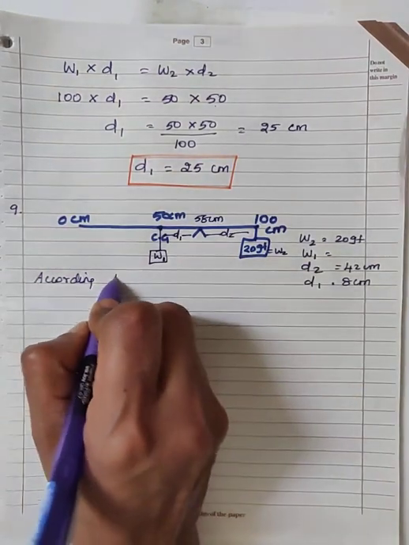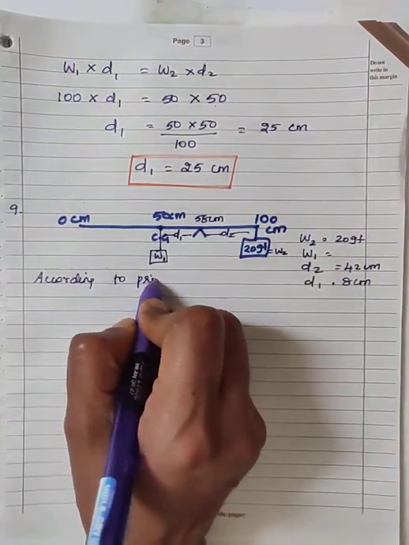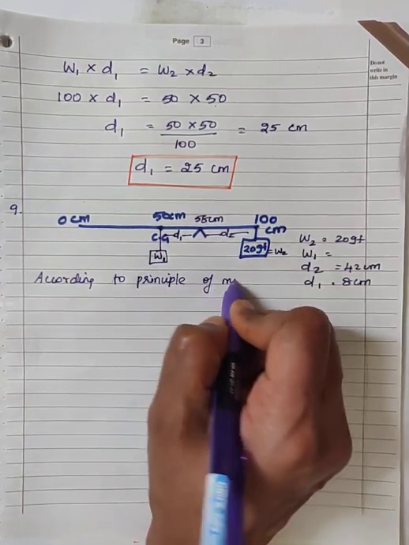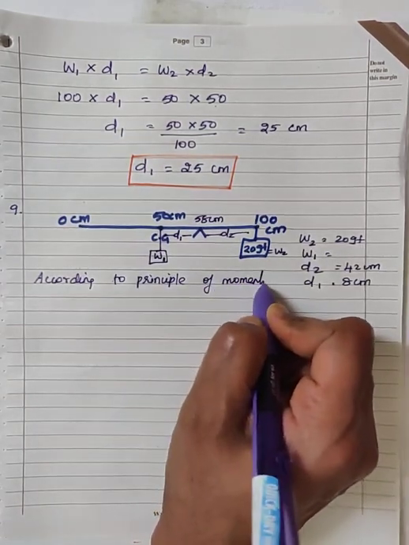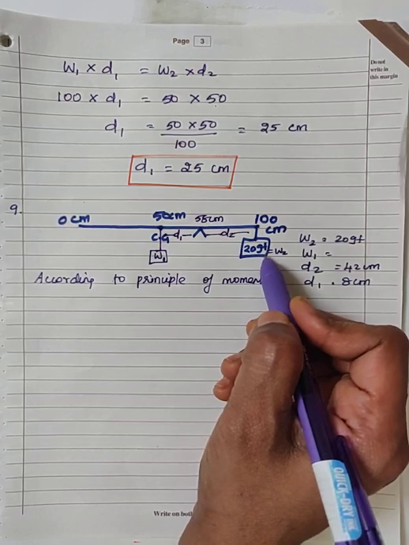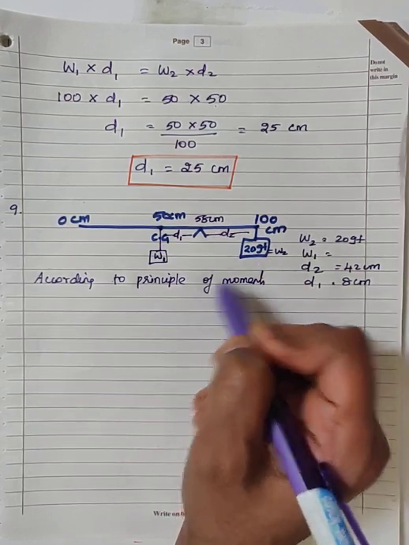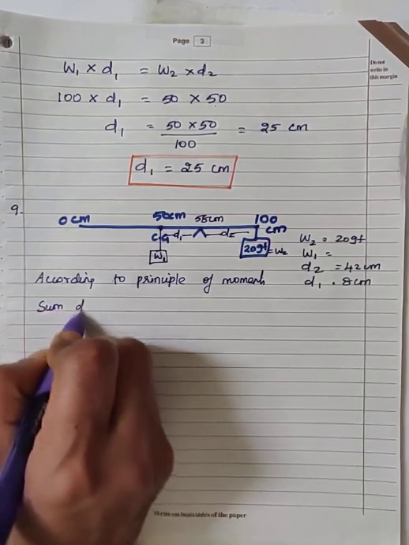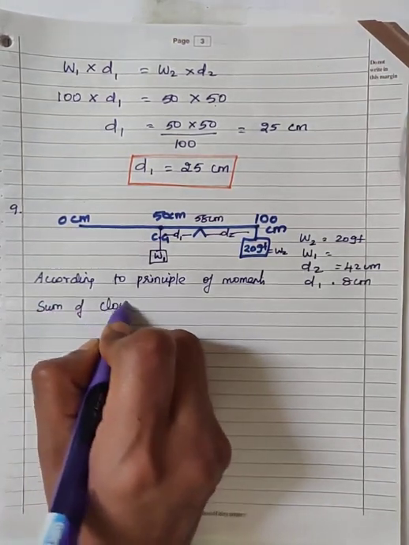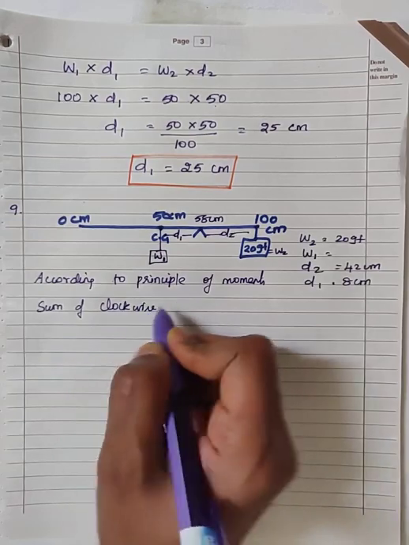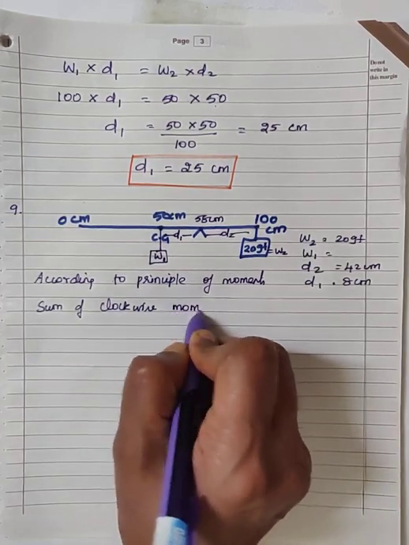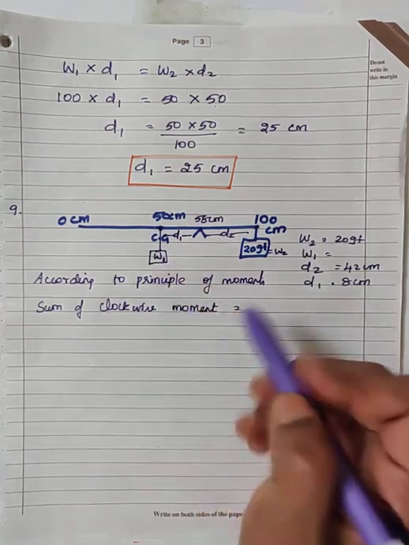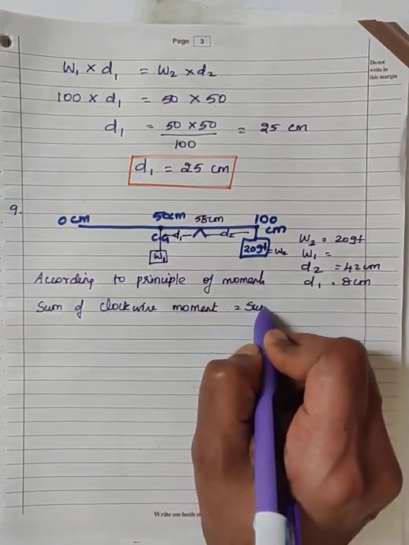Okay. So according to principle of moments, this W2 will make the scale to rotate in this direction, that is clockwise moment. So I can write according to principle of moments, sum of clockwise moment is equal to sum of anti-clockwise moment, as W1 will make it rotate in the anti-clockwise direction.